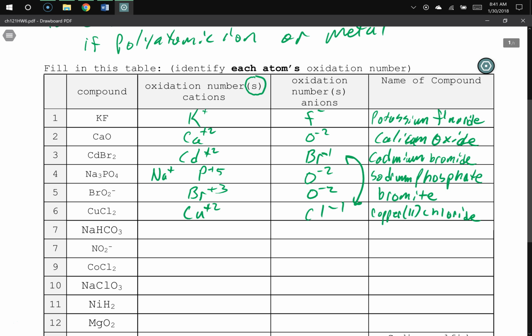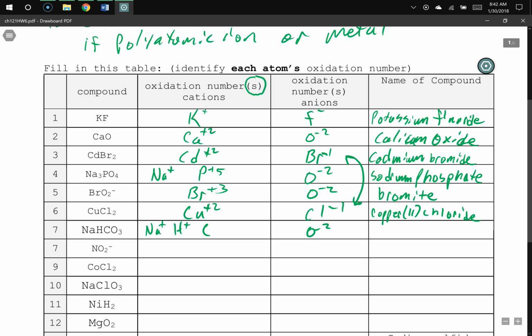Number 7. What do we got? Sodium, hydrogen, and carbon. Those are all cations. And the oxygen is the anion. The oxygen's charge is -2. That gives us -6, and I have to cancel all that out. The sodium is a +1 because it's in column 1.